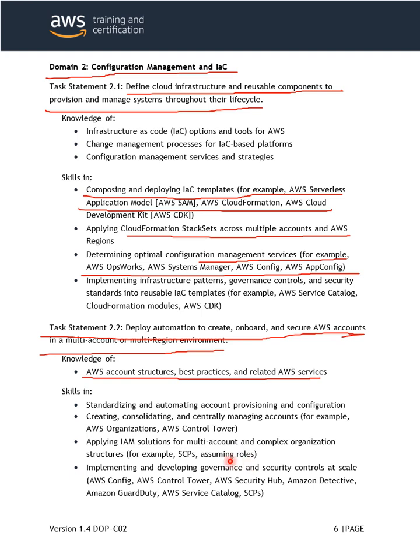So a candidate should understand Organizations, Control Tower, SCPs, roles, GuardDuty, Service Catalog, Security Hub, Amazon Detective. So these are a couple of services a candidate should understand for answering the questions within this domain.